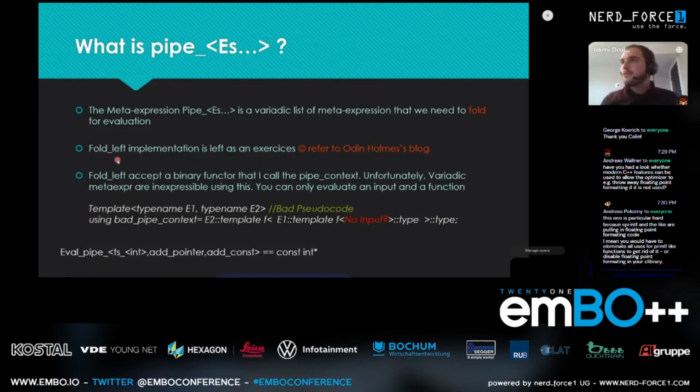Okay, so basically pipe, how it's implemented. It's basically just a fold of expressions. So if you know fold left, which is basically std accumulate in the standard library, but in template metaprogramming, so it's a lot more complex, and I don't want to show it to everyone because it's just a big pile of typename everywhere and templates.